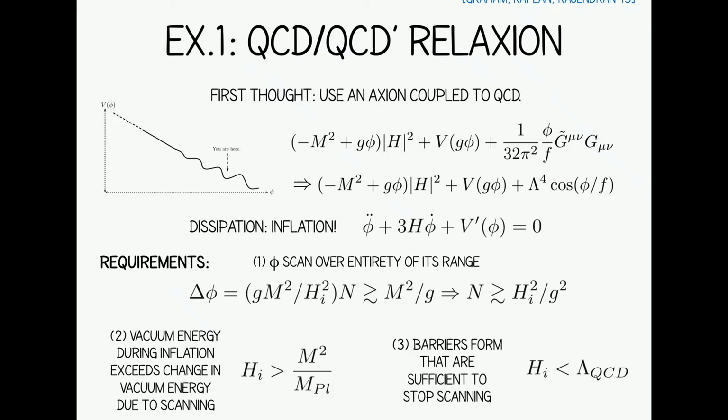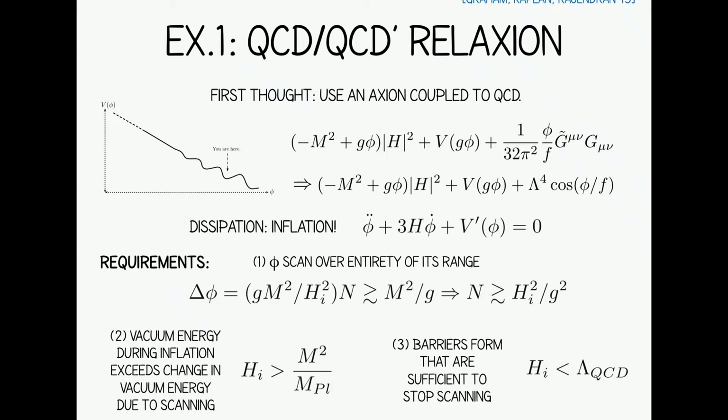At the end of the day, what it actually gives you is a constraint on the number of e-foldings of inflation that you have to have while this field is evolving, in order to make sure that you evolve through enough of a distance before you stop. So that gives you some bound on the number of e-foldings of inflation related to the Hubble scale of inflation and related to the strength with which this field couples to the Higgs. This coupling to the Higgs we imagine is some very small number, in order to not create new hierarchy problems from the coupling itself. So that tells you you're going to have a large number of e-foldings.